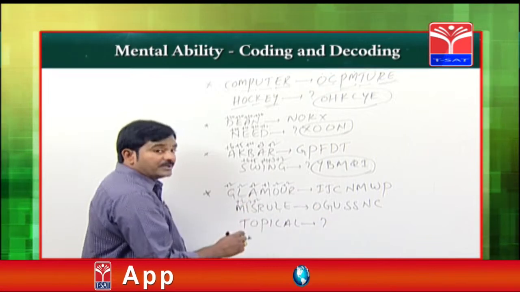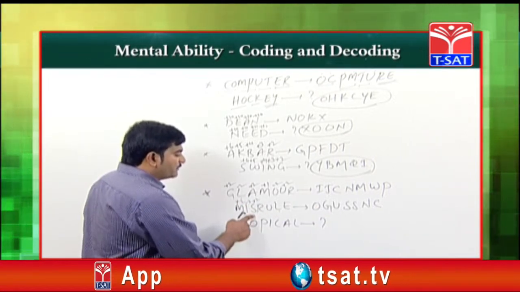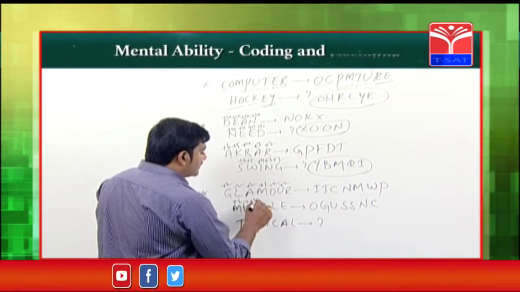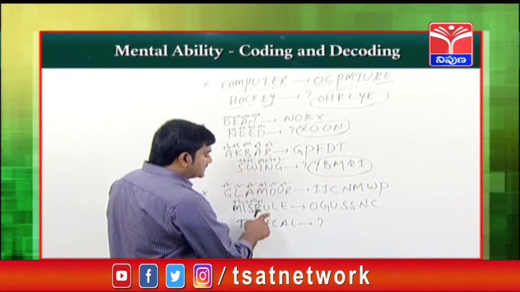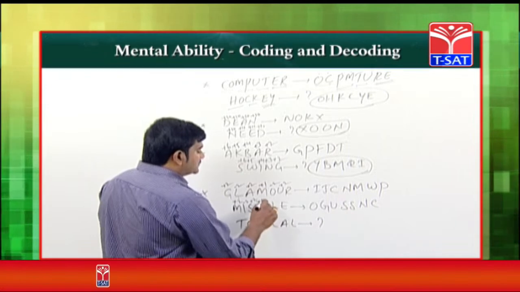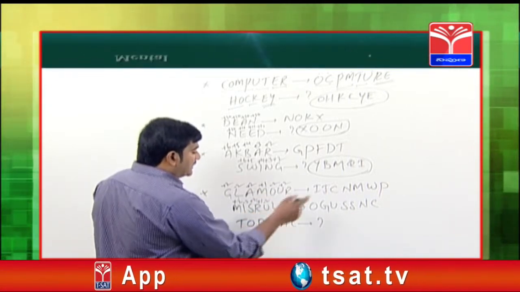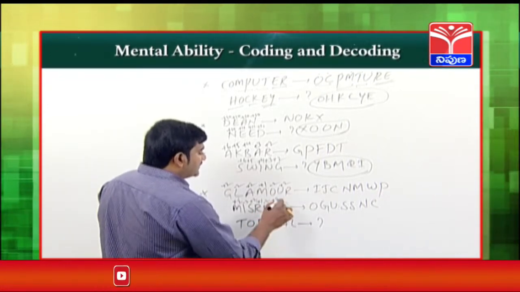Again what does it mean? +2. What is the concept here? +2 -2 +2. So R becomes S, he added +1. Again U means 21, 21 became 19, that is -2. L means 12, 12 became 14. E means 5, 5 became 3.